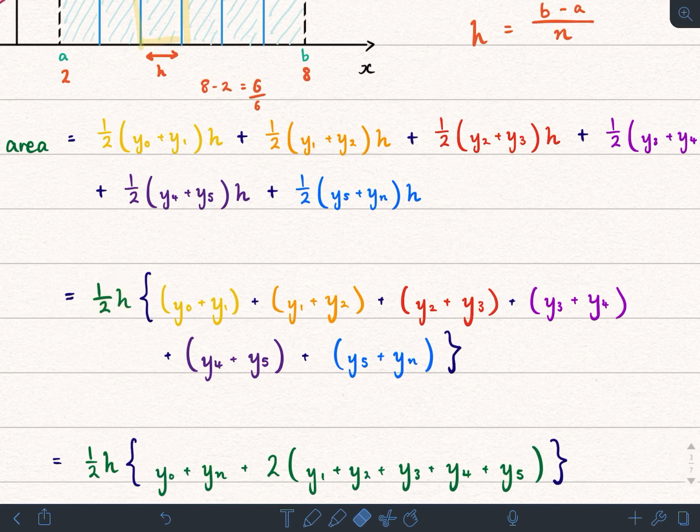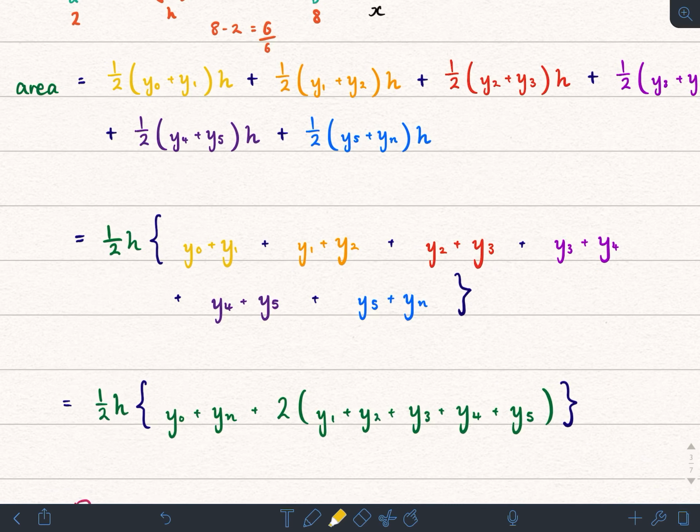And since I'm just adding them all together, I technically don't need these brackets, so I can just get rid of them. Now that we're rid of them, one thing becomes a lot clearer: when you add up all of these, you're going to get these repeated terms. This y1 and y1, this y2 and y2, y3, y3, y4, y4, y5, y5. The ones that you're not going to get doubling up are the leftover ones, which are this y0 and yn.